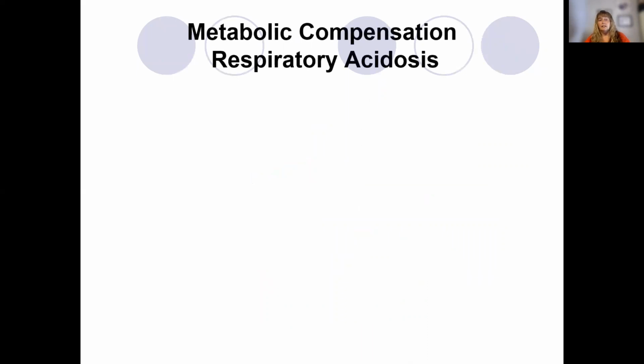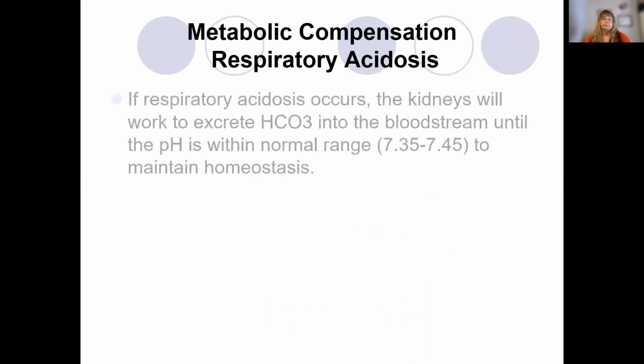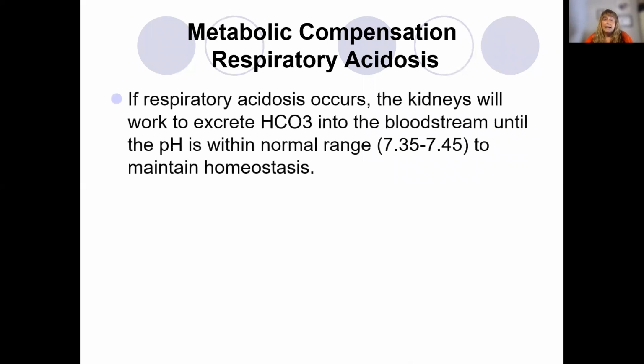So that is how compensation happens. So what does metabolic compensation for a respiratory acidosis look like? If respiratory acidosis occurs, then the kidneys will work to retain bicarbonate in the bloodstream until the pH is within a normal range to maintain homeostasis.